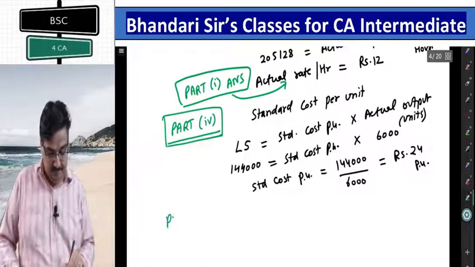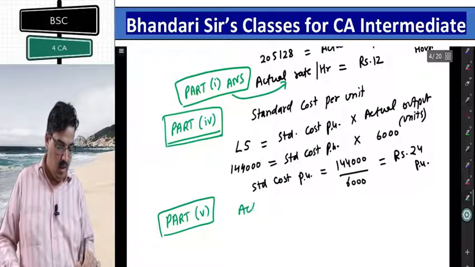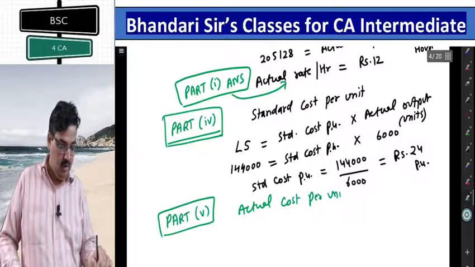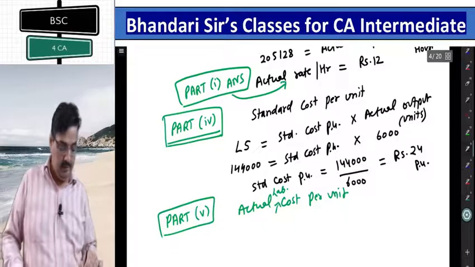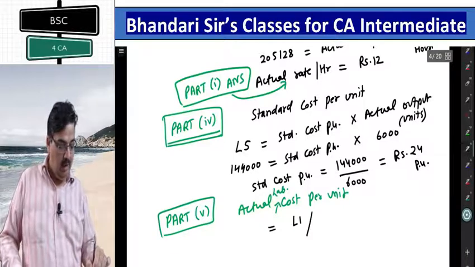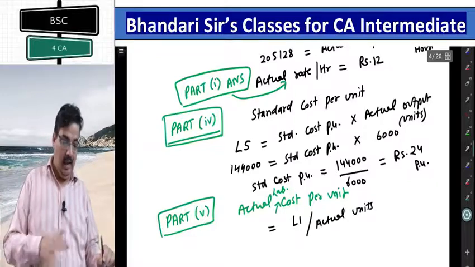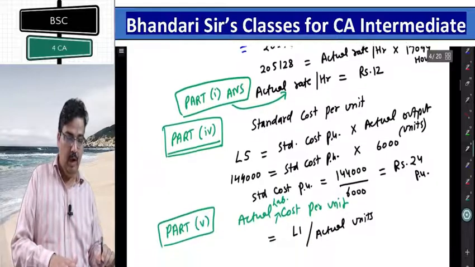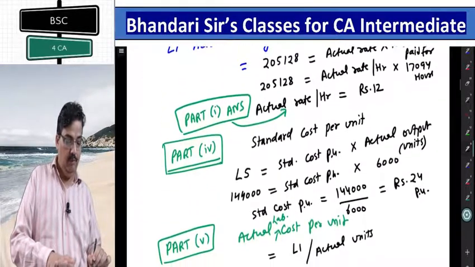Part 5. Actual cost per unit. Actual labor cost per unit. All is labor cost because this is a question belonging to the labor category. It is equal to L1 divided by actual units. We already have L1, 205128, which we computed.